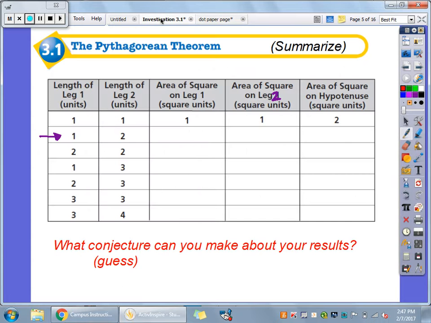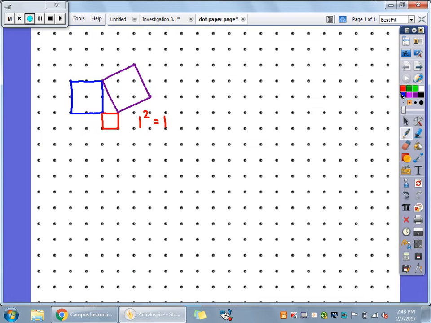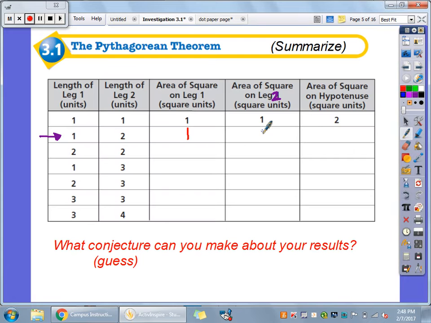So we're going to go back here and put a 1 in our chart. Okay, back to the dot paper. We know that this area right here, the side length is 2, so in order to find that area we would take 2 and square it, so our area would be 4. So we're going to put that value right here.